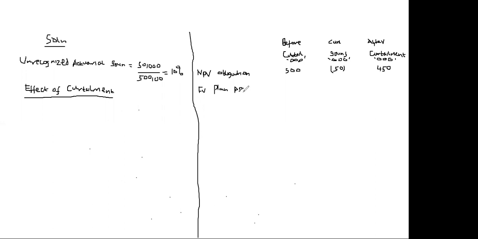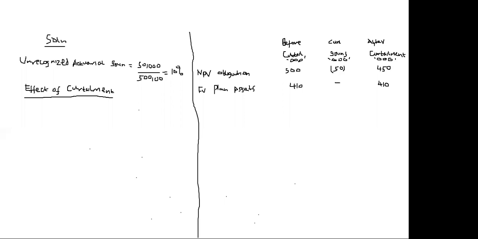Fair value of the plan assets, 410. There was no effect, so there is no gain, no loss. So after curtailment, that value still stands at 410.